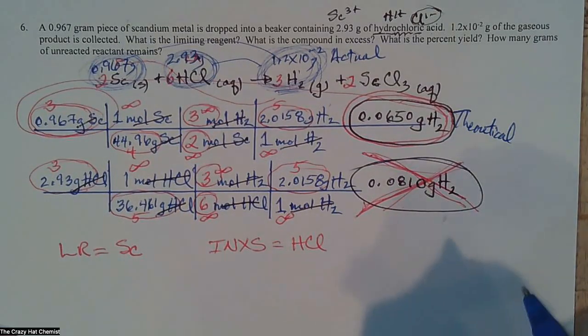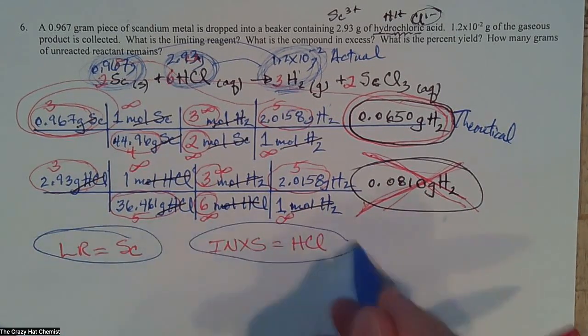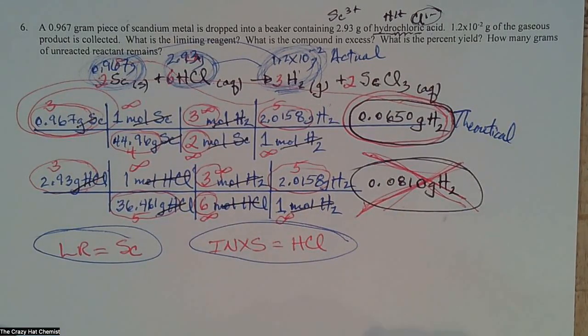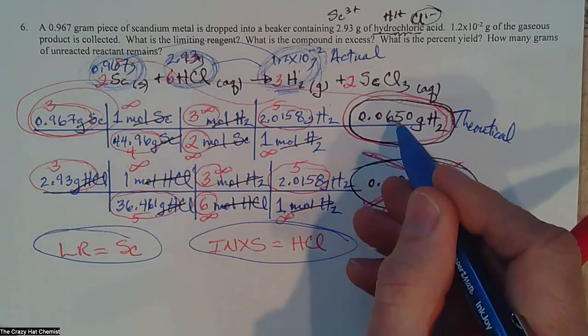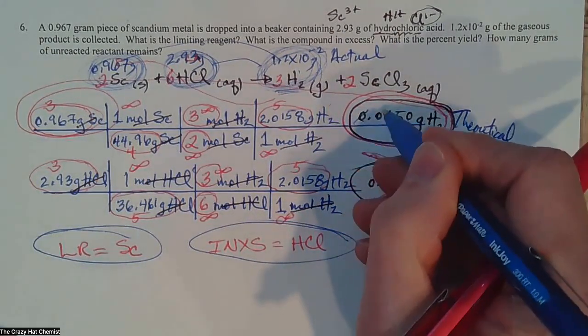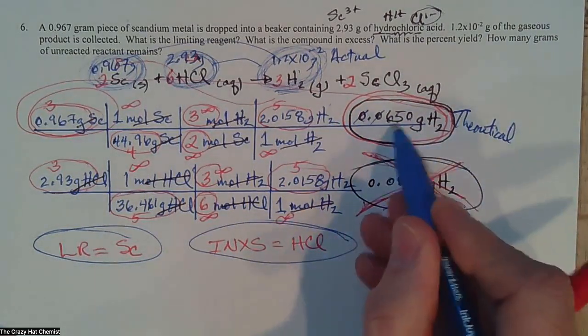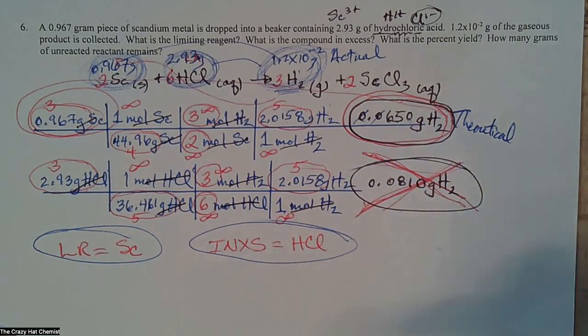So now I have answered many questions here. What is my limiting reagent, that's scandium, what is in excess, that's hydrochloric acid, and how much product can be produced, that is 0.0650 grams of H2. Remember, leading zeros don't count for significant figures, but trailing zeros count with a decimal. That's why this has 3 significant figures.